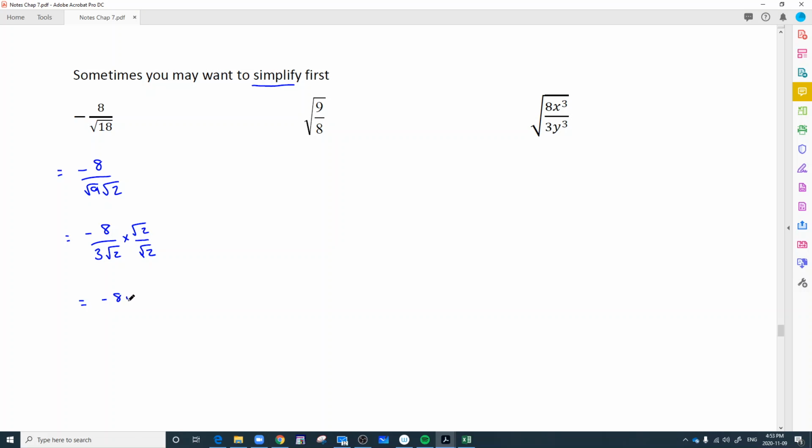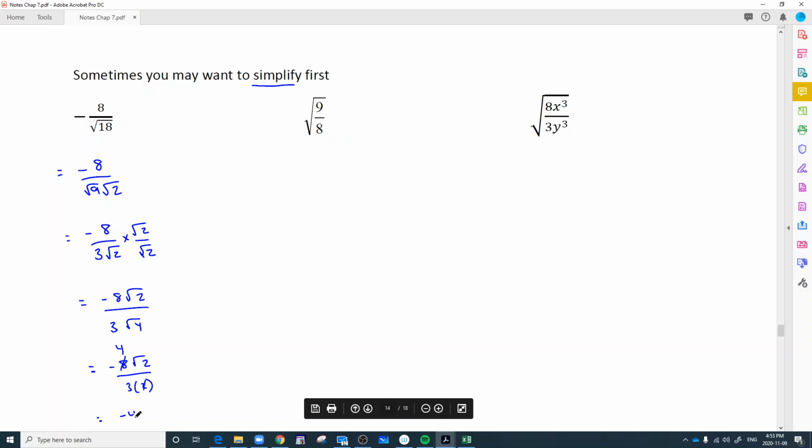I end up with -8 root 2 all over 3, and then root 2 times root 2 is root 4. In other words, I end up with -8 root 2 all over 3 times 2. And now maybe I notice that I can do 8 divided by 2 is 4, and this is going to simplify to -4 root 2 all over 3.